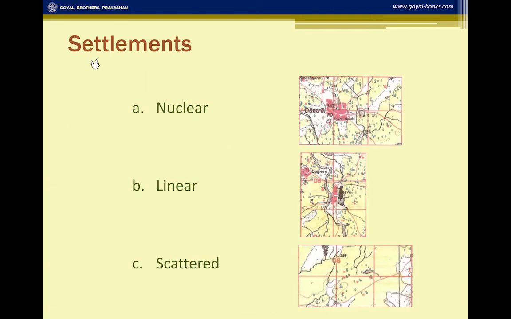Now we come to the settlements. Settlements are of three types. In the survey sheet you will see the permanent huts, the temporary huts and all that. When you see the permanent huts clustered together in a group, they are known as a nucleated settlement.